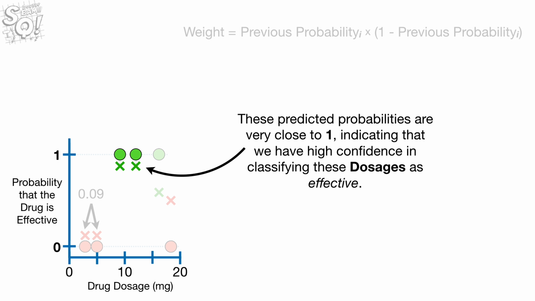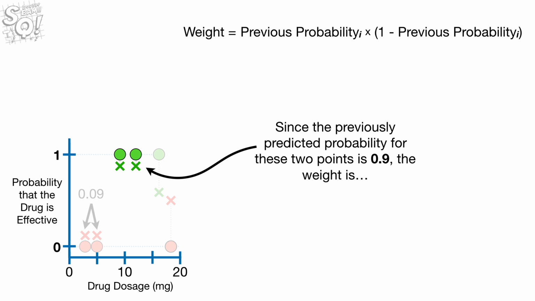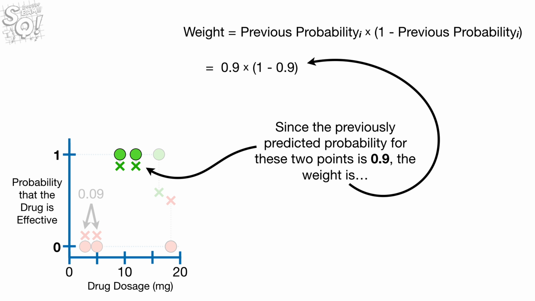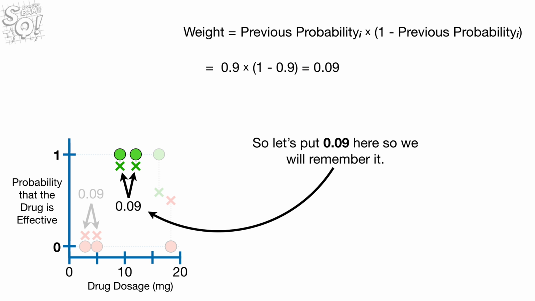These predicted probabilities are very close to 1, indicating we have high confidence in classifying these dosages as effective. Since the previously predicted probability for these 2 points is 0.9, the weight is 0.9 times 1 minus 0.9, which equals 0.09. So let's put 0.09 here so we will remember it.